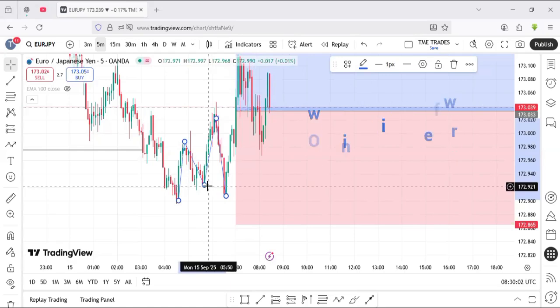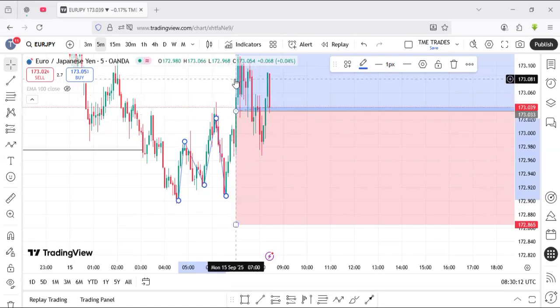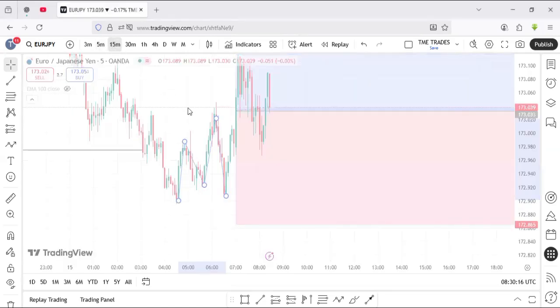The market knows that so many people must have opened at this particular place, putting their stop loss below here. So what will happen? They will take it out before continuation to the upside. So I want you to always keep this in mind before making any trading decision.